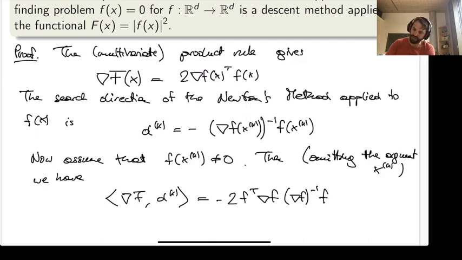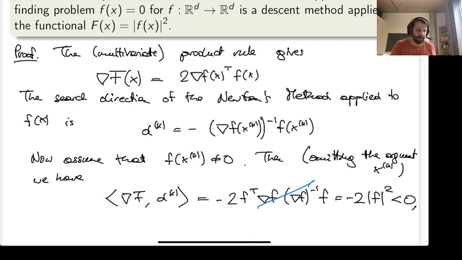So we see that this thing cancels, and we end up with minus 2 times norm f squared, which is clearly less than 0.